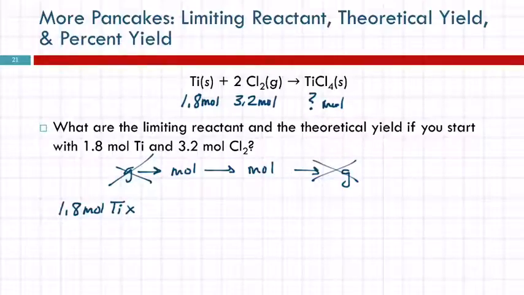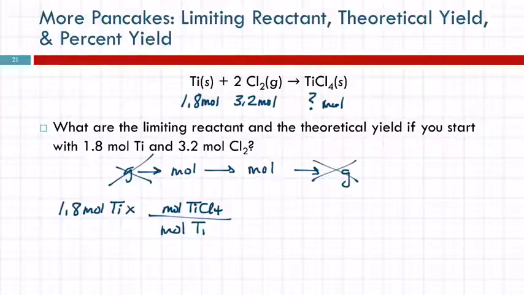So 1.8 moles of titanium times, I want moles of product over moles of titanium. Well, what number goes in front of TiCl4? 1. And what goes in front of Ti? 1. For every 1 mole of this, I'm going to make 1 mole of that.